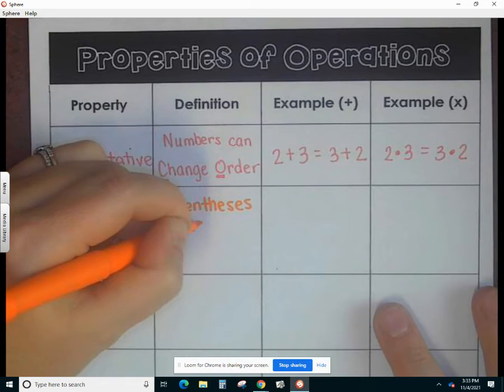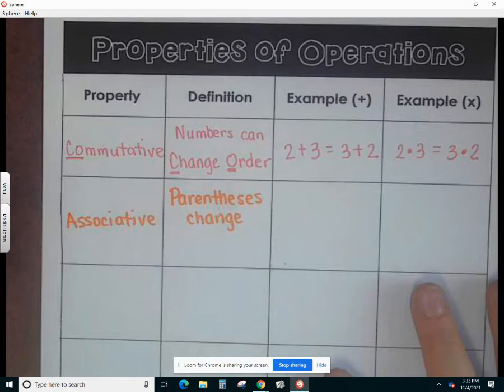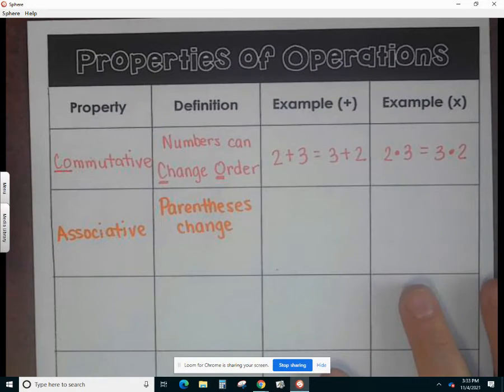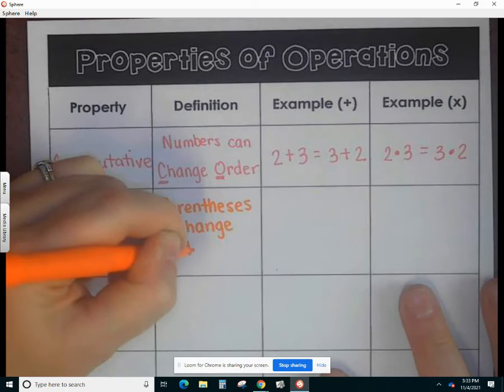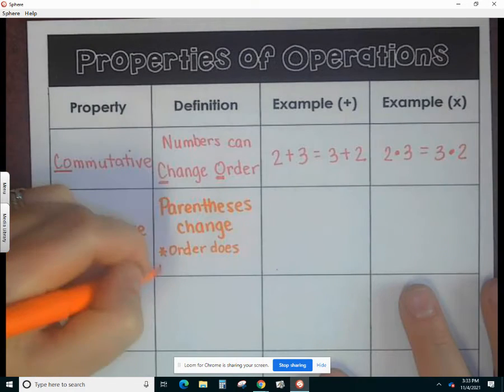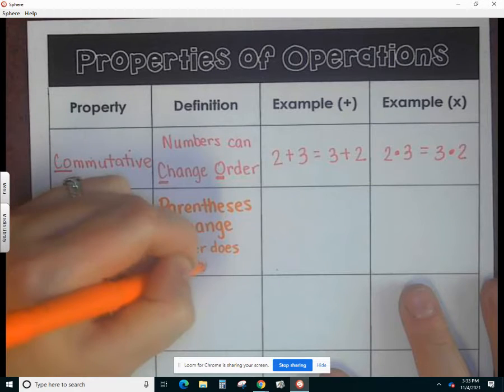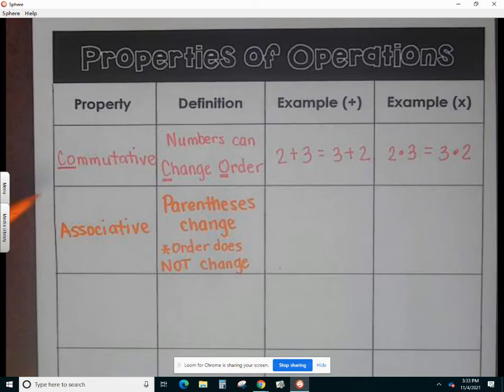It's not the only property that involves parentheses, but it is the only one where the parentheses are going to change. The important thing to remember is that the order does not change. If the order of the numbers is changing, then we're talking about the commutative property. So the only thing that changes in the associative property is where the parentheses are located.